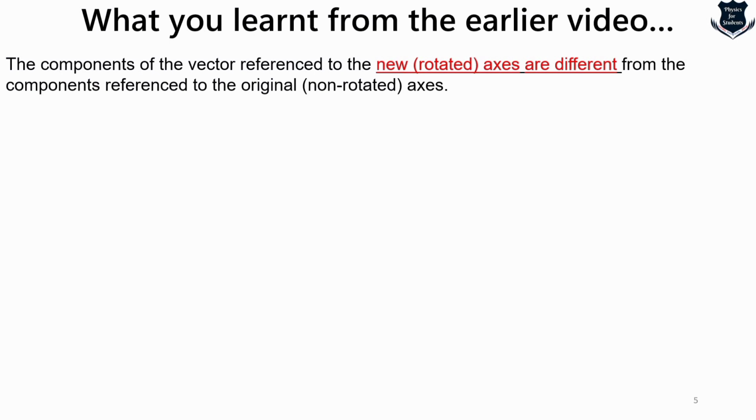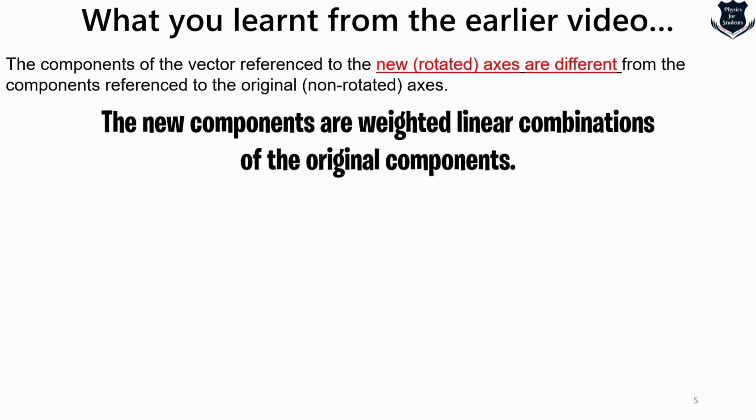More specifically, the new components are a weighted linear combination of the original components. If you're wondering what a weighted linear combination is, go back to my second video on tensor analysis. So the new components are basically the WLC, or weighted linear combinations, of the original components.